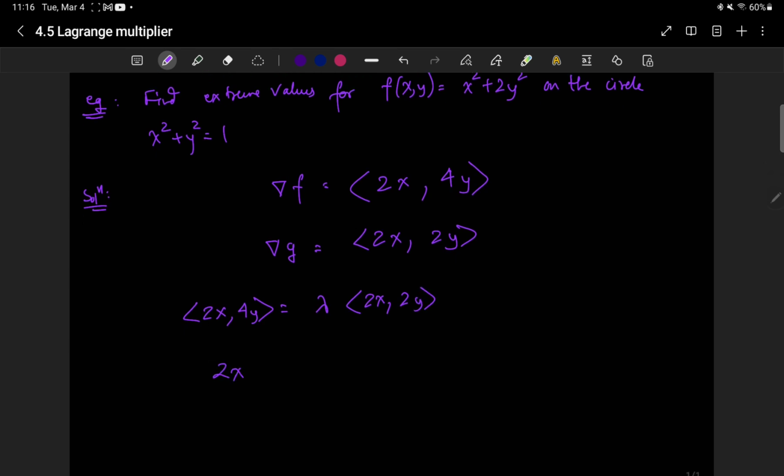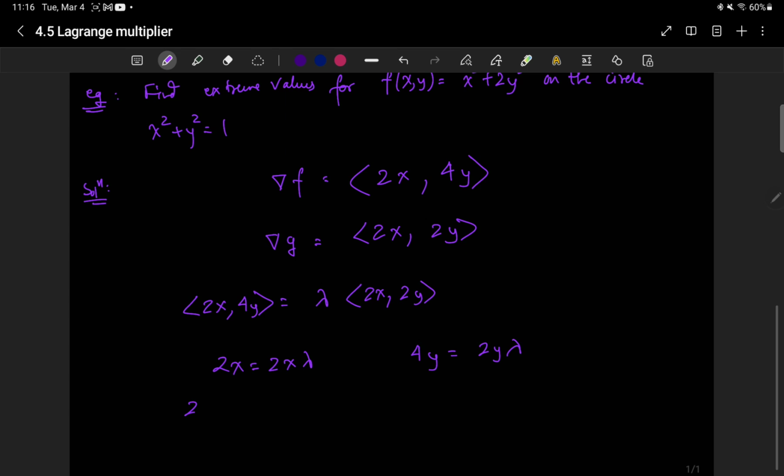The first one gives me 2x equals 2x lambda, and 4y equals 2y lambda. So what does this give me? This gives me 2x(1 minus lambda) equals 0, which has two possibilities: x is 0 or lambda is 1.